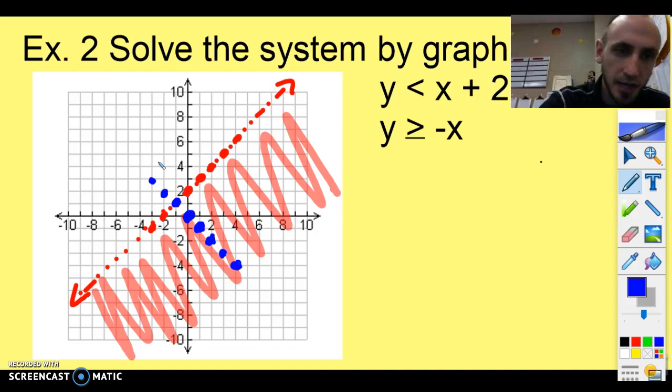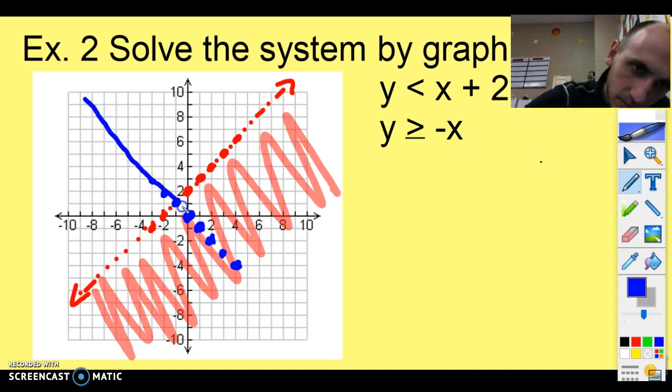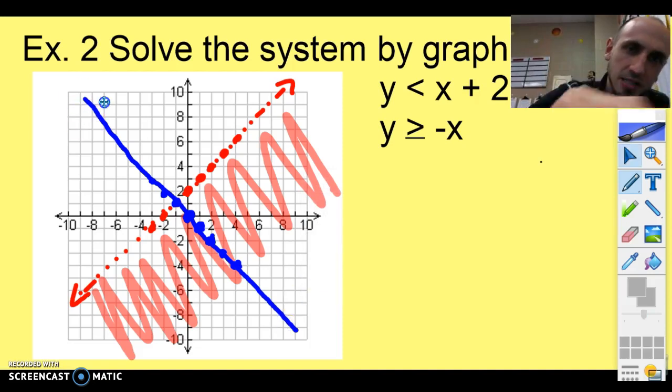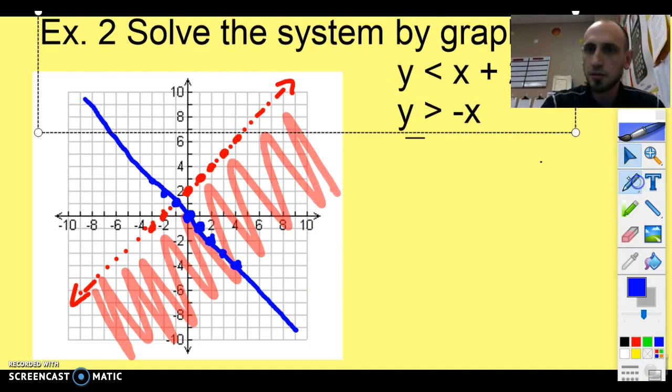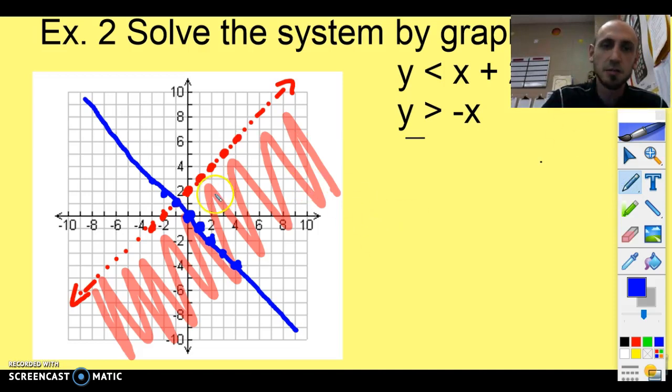And that will be a solid line. Okay, now which side does it appear to be? The greater than, right? Above.